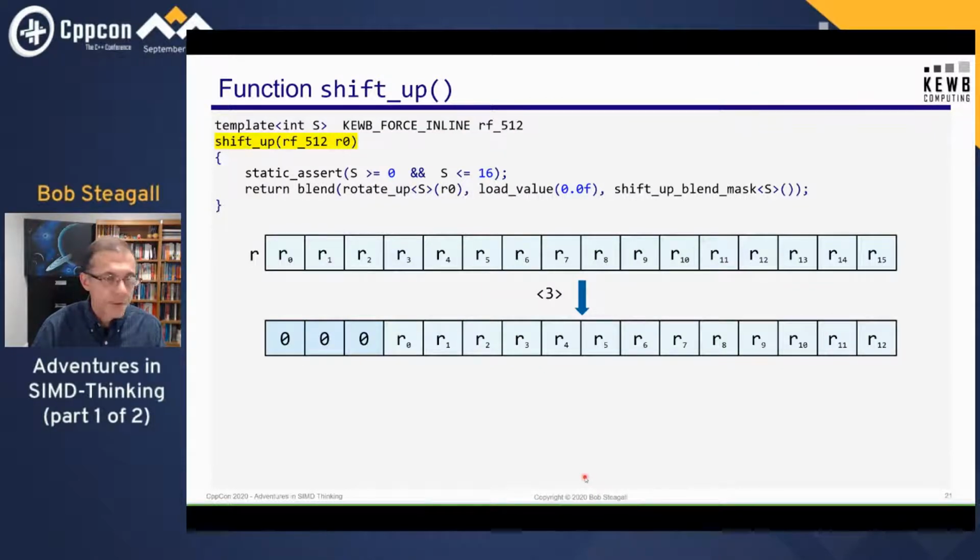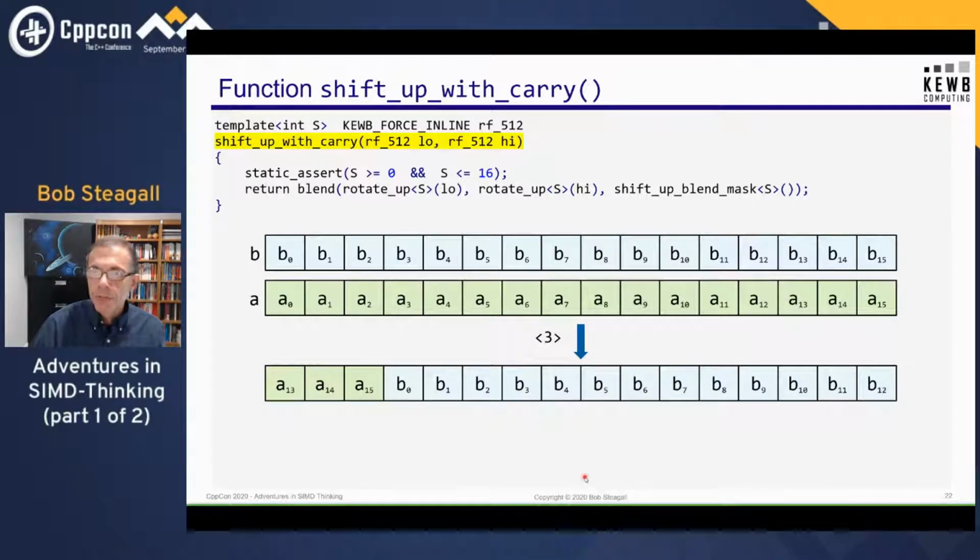So you can have a shift up, which is the opposite of shift down. And you can have a shift up with carry. And here again with B, which I'm thinking of as high, and A, which I'm thinking of as low, everything gets shifted to the right. The result is taking high, shifting it to the right by 3 in this case, and taking the upper 3 elements from low and putting them in the bottom 3 elements of high.